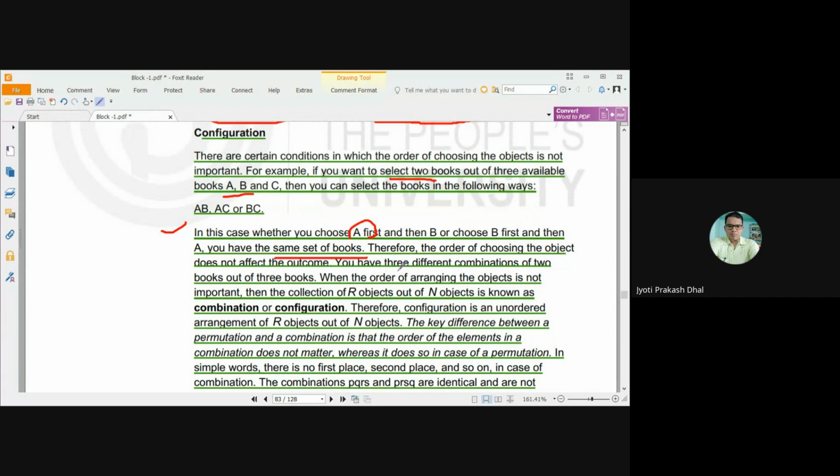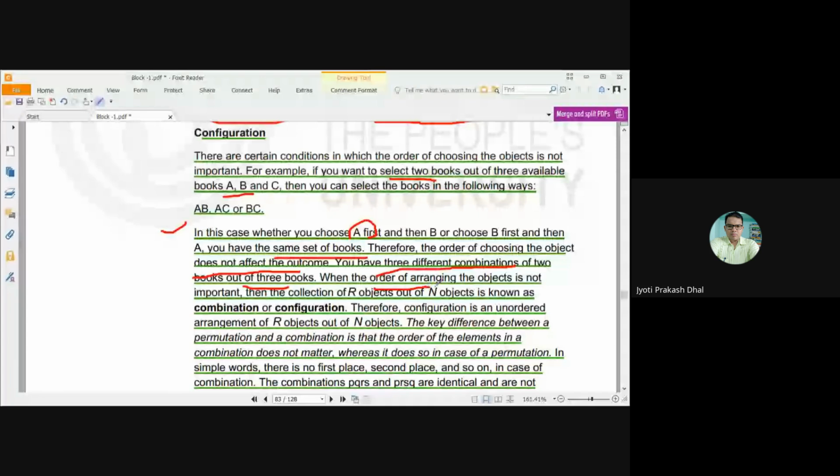The order does not affect the outcome, so three different combinations are there. You have three different combinations of the two books out of the three books.